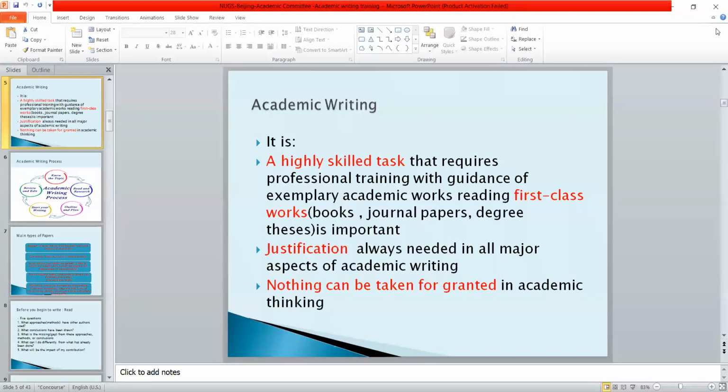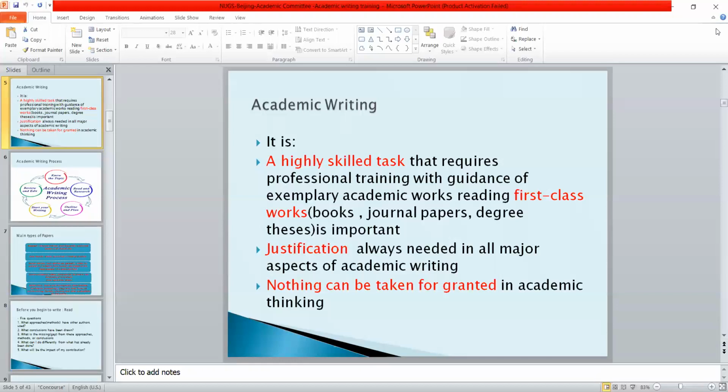Every step of the process of academic writing must have justification, and the justification must be convincing. It is not just any ordinary, informal way of convincing people. Right from the beginning of your writing process to the end, every stage must be justified.